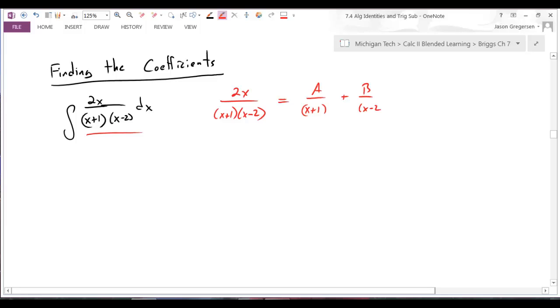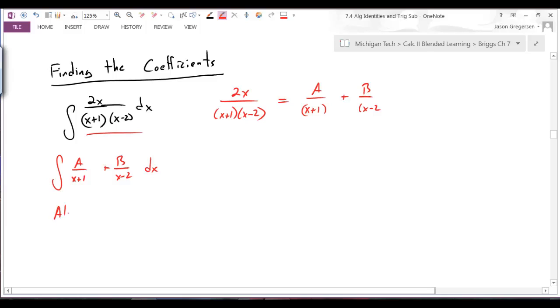And what's the purpose of doing this? Well, once I find out what A and B are, then I can just rewrite my integral. It will look like this integral now. And I'm happy about that, because those individually are pretty easy integrals.